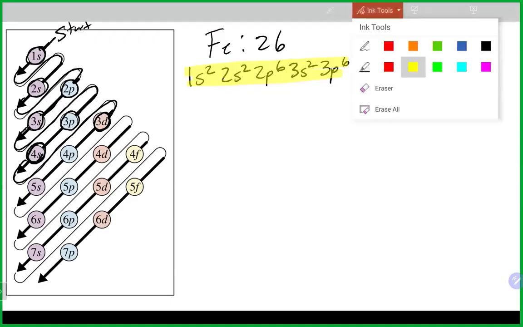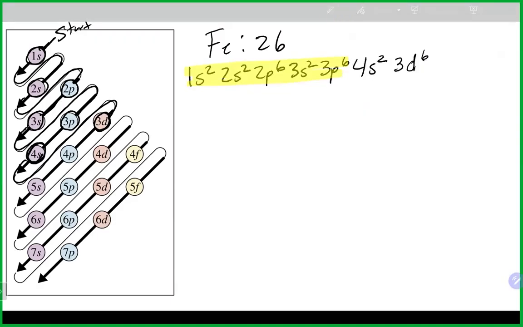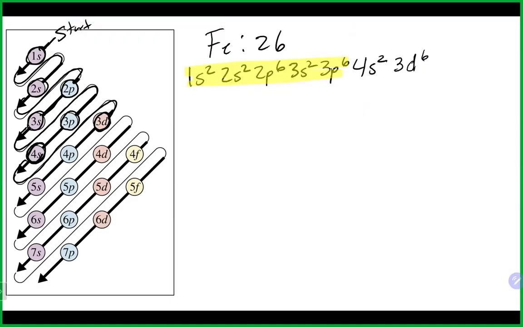That is 18. And if we look at iron and go backwards on the periodic table, 18 is argon, then 4s2, 3d6. So that's a shorthand way you could do that, and you can probably see why they invented the shorthand. They don't want to write it all out, and that's the purpose of it.